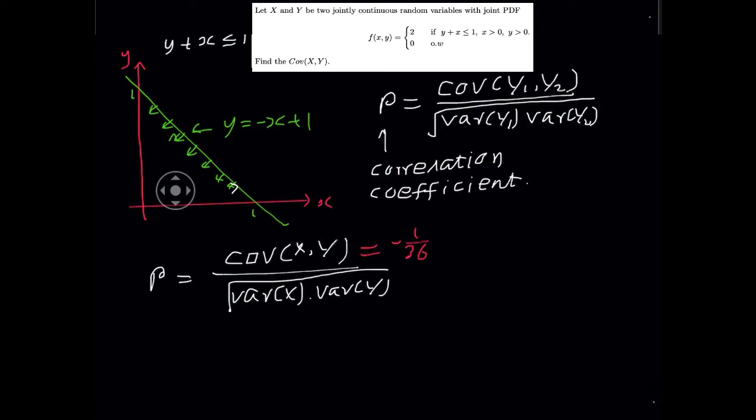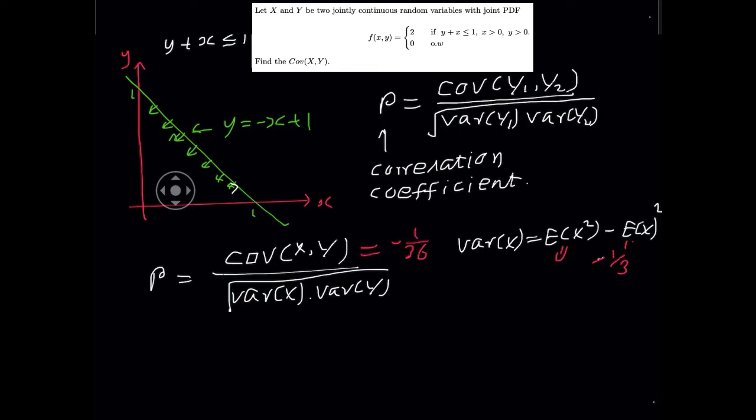How do we find the variance of x? So variance of x equals expected value of x to power 2 minus expected value of x, whole power 2. We know the expected value of x. It was 1/3. But we need to find this expected value of x to power 2.